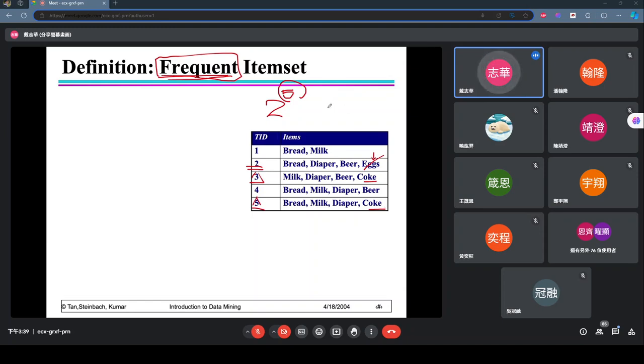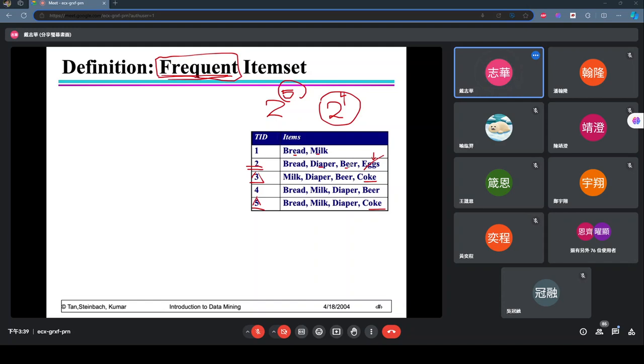In this way, we reduce it from the marketing point of view and also from the point of view of computation cost. In other words, here we only focus on bread, milk, diaper, and beer.